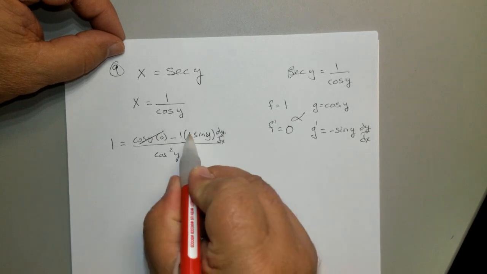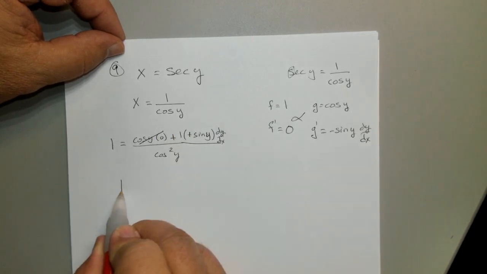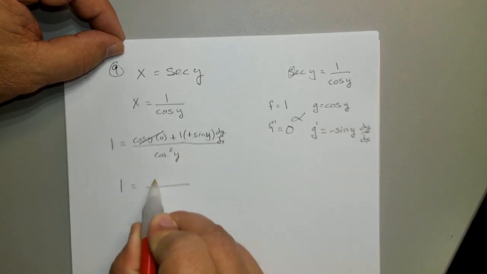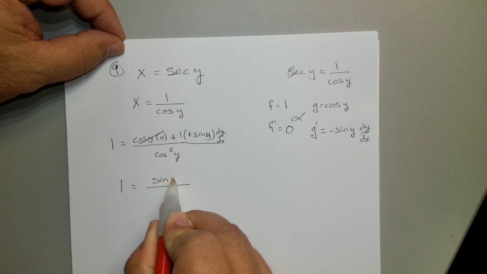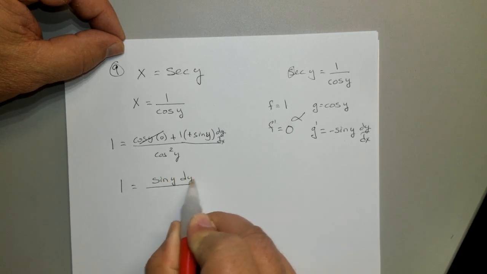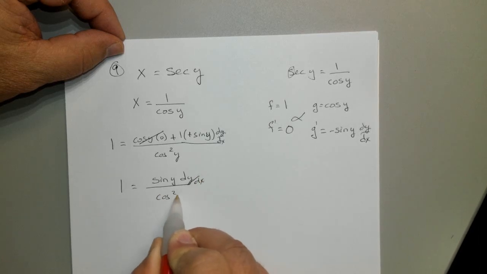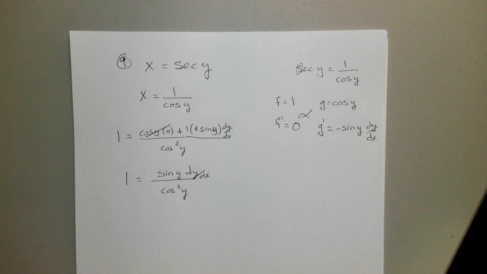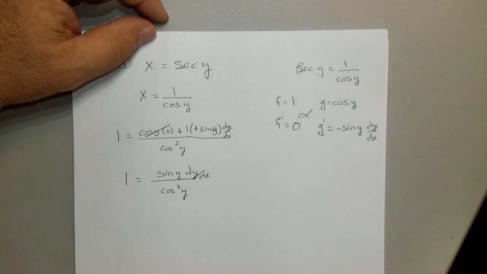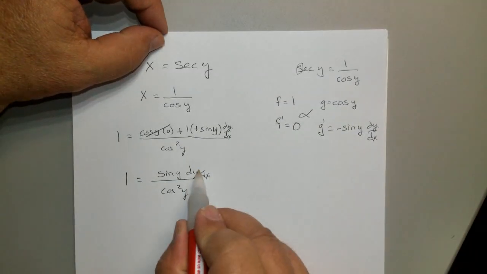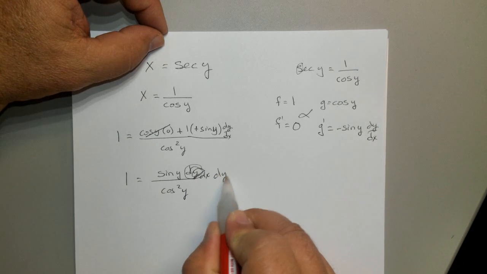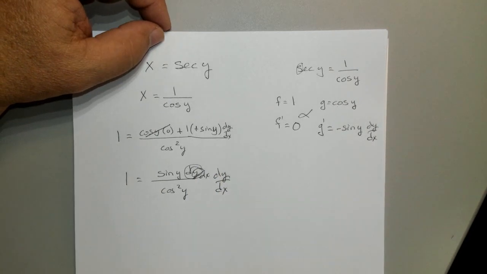That's 0. That becomes a plus, so it's 1 equals sine y dy/dx over cosine squared y. Well, this got to the side here, dy/dx.